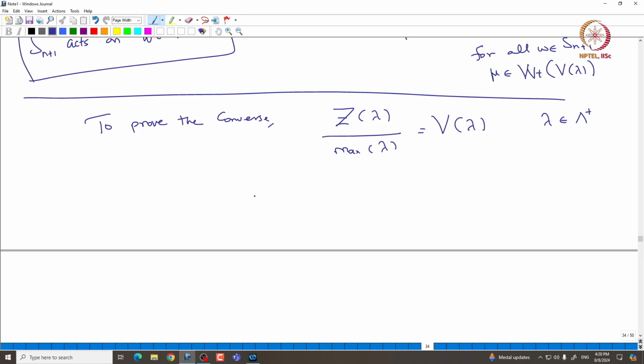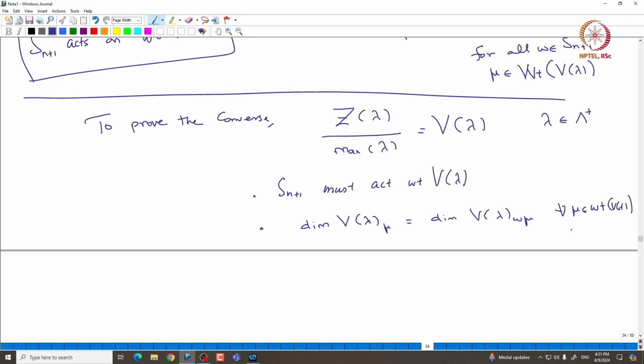In particular, S_{n+1} must act on the weights of V lambda. So, that is the first thing to prove. And the second thing to prove: if you look at the dimension of V lambda mu, that should be equal to the dimension of V lambda w mu for all mu in the weights of V lambda and w in S_{n+1}.